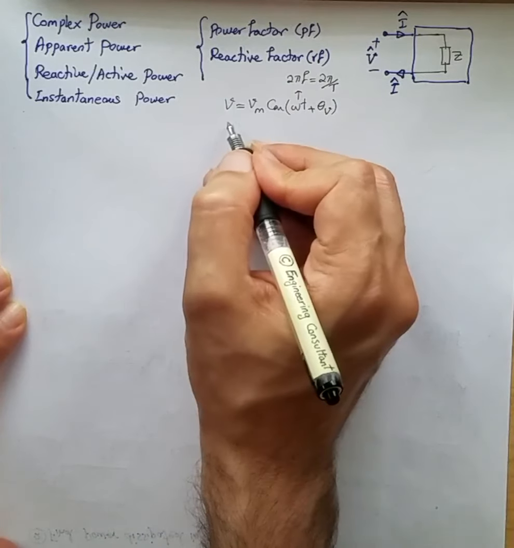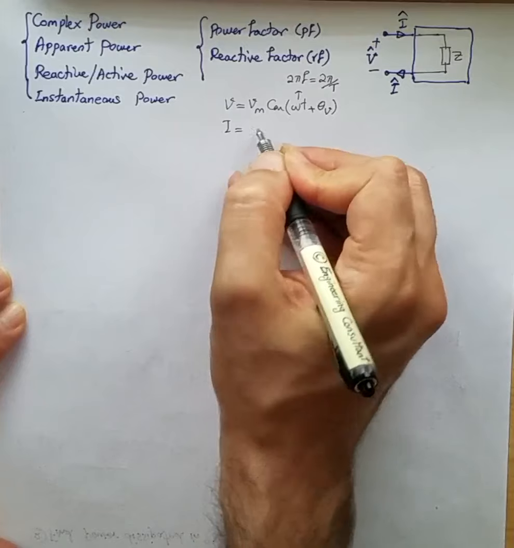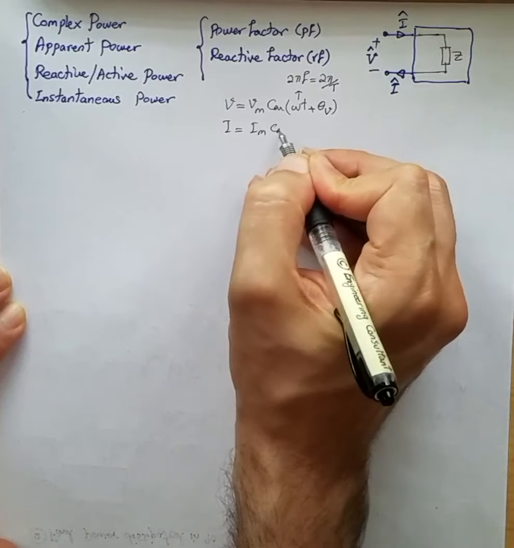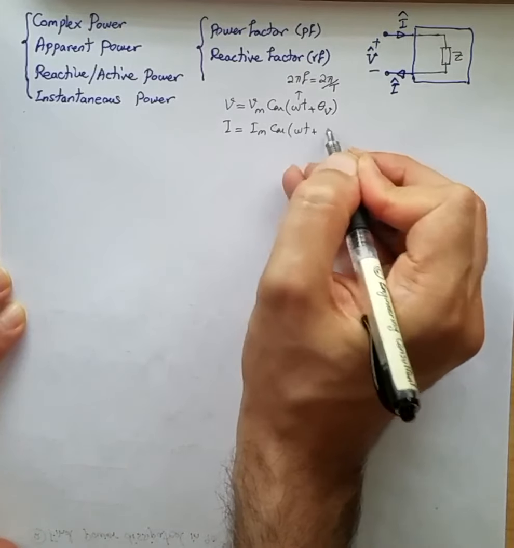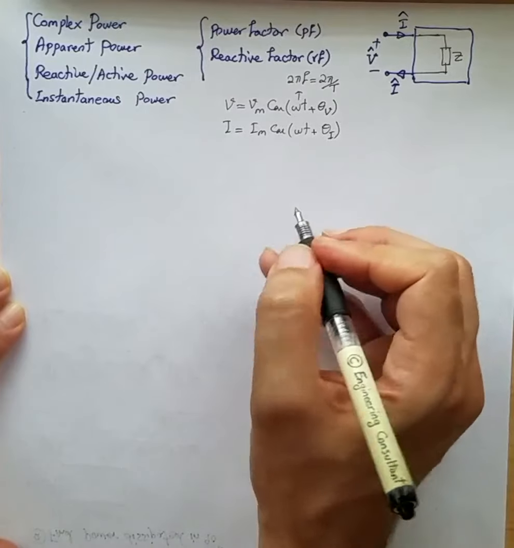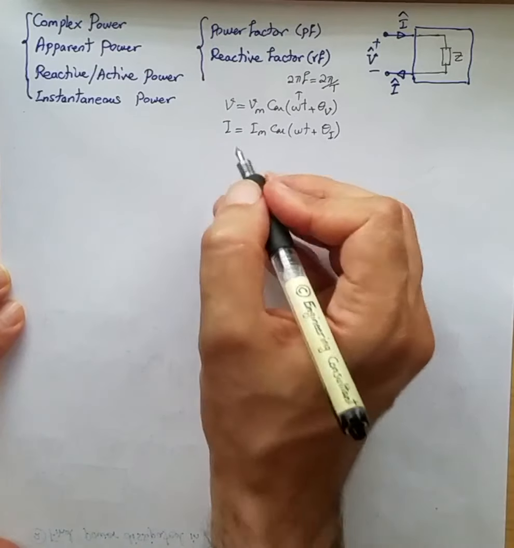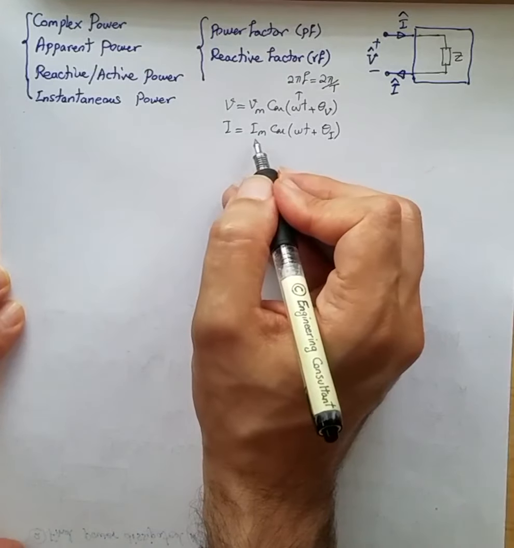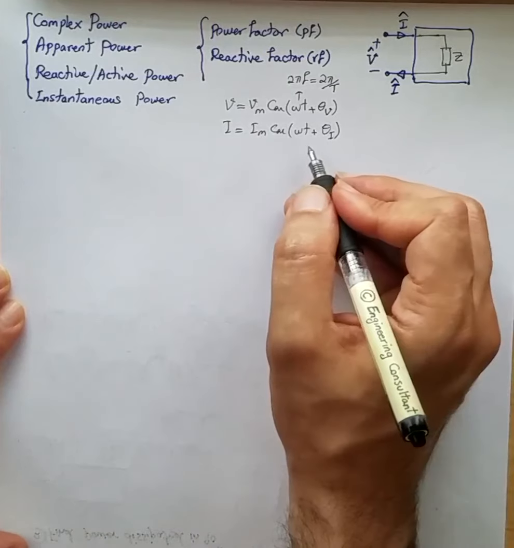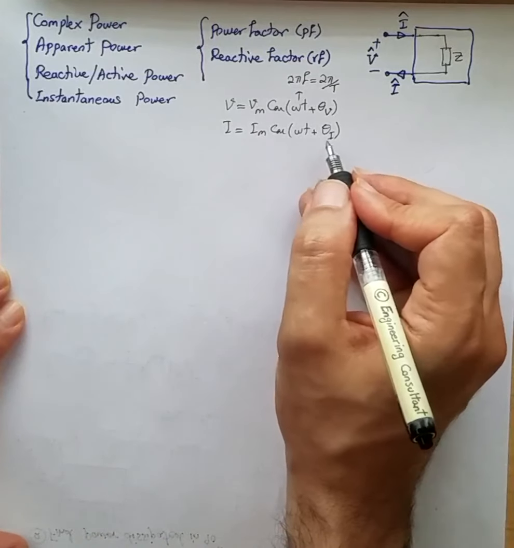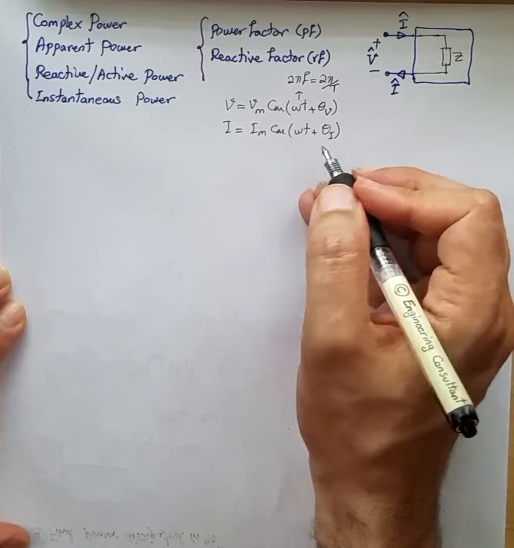So this is the voltage, and let's say the current I is in the form of Im cosine omega t plus theta I. Same argument, except this is in amps, Im is the amplitude in amps, omega is the same omega, and theta I is the phase of current in radians.